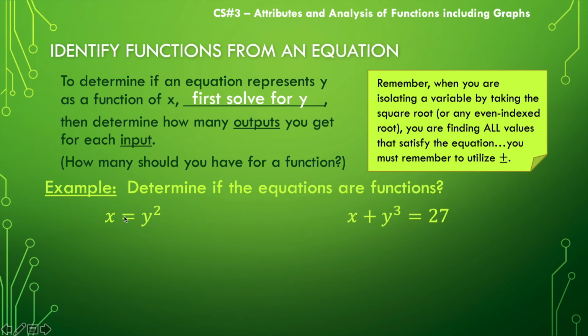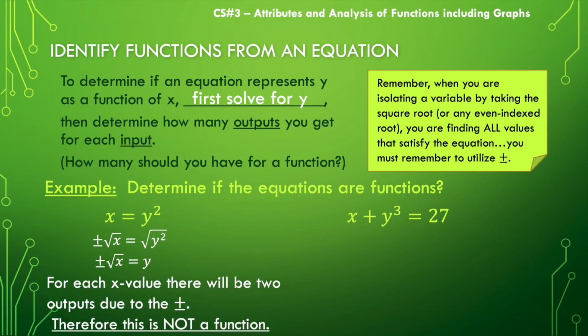If I want to solve for y, I need to get y isolated, which means I need to take the square root of both sides. And I need to remember that I need a plus or a minus on this other side. So I know that y will equal plus or minus the square root of x. Now I think to myself, how many outputs do I get? For every x value I put in, I get 2 outputs because of that plus or minus. So this does not represent a function.